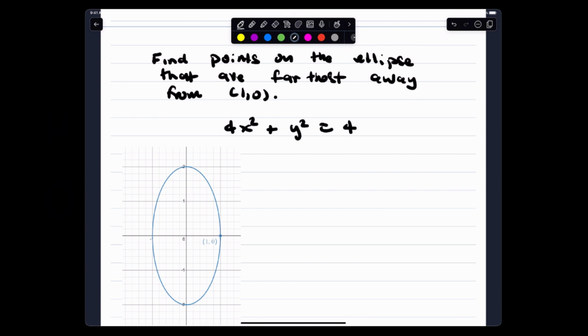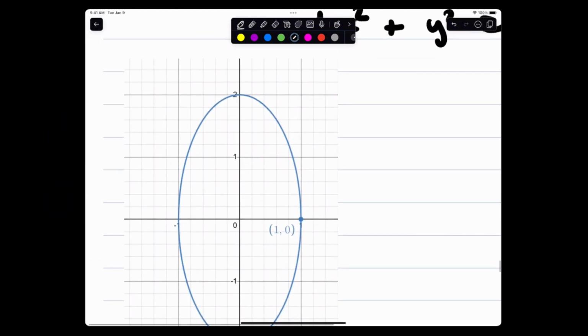Okay. And so they're saying find a point on the ellipse. Here's the ellipse. If I said to you guys, see this particular point, it's represented by an arbitrary (x, y). Well, that point from the point (1, 0) is a certain distance away.